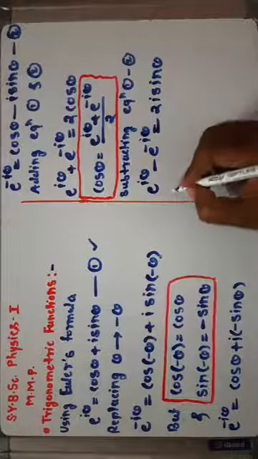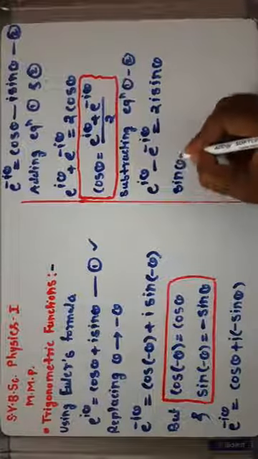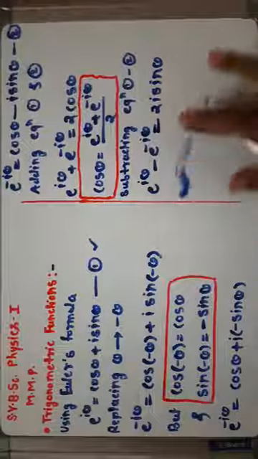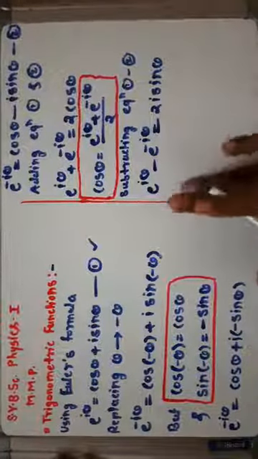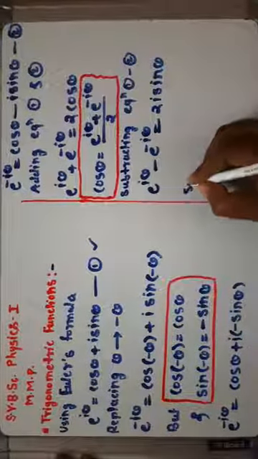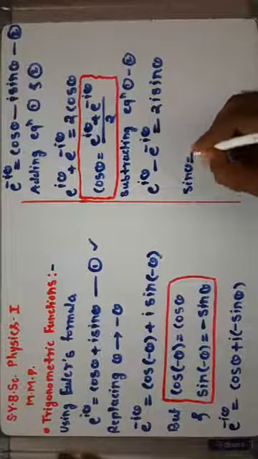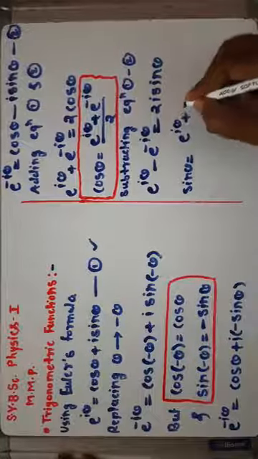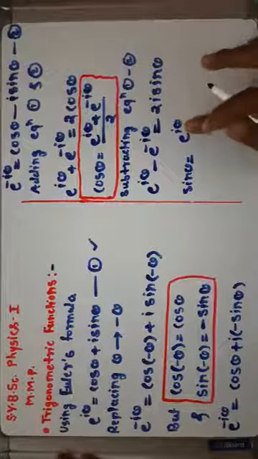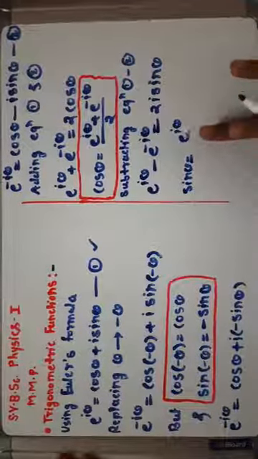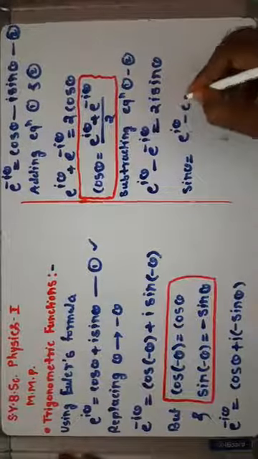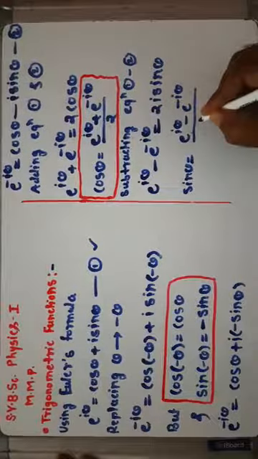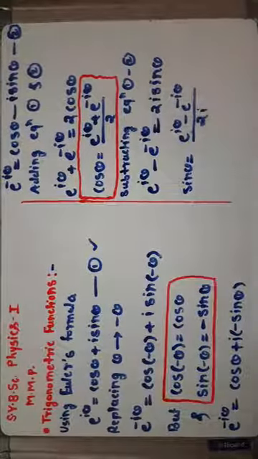Rearranging this, sin theta is equal to e raised to i theta minus e raised to minus i theta, divided by 2i, right?